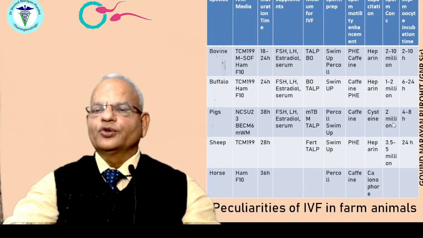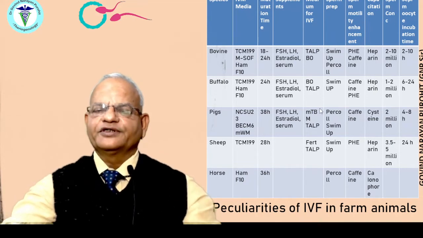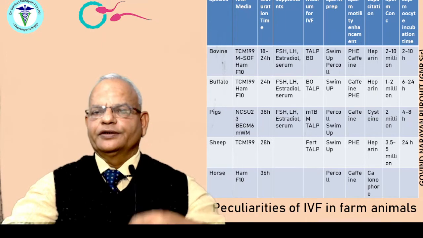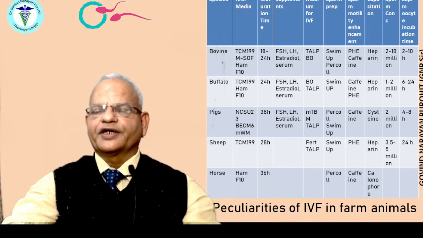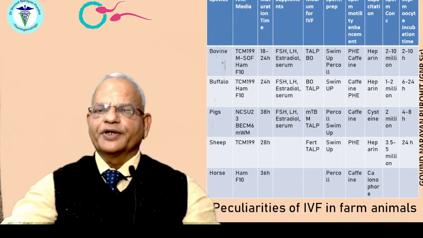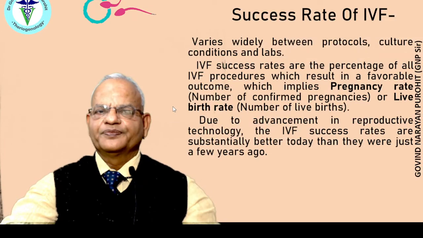It requires 2 million spermatozoa, and the sperm oocyte co-incubation is hardly 4 to 8 hours. So likewise, there are different suggestions based on many studies carried out in different species, and when working with a particular species, one can use the most appropriate medium and approaches, right?